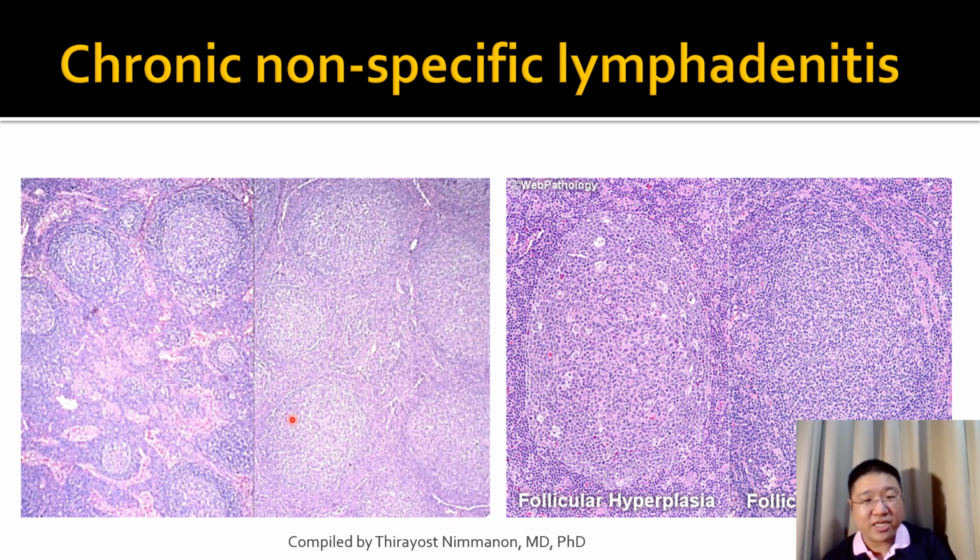You see that the follicles are quite uniform in size, and at a higher magnification, we observe that the germinal center has a fuzzy boundary. We cannot draw a line to distinguish the germinal center from the mantle zone, because we don't see a mantle zone here, and we don't see tingible body macrophages.